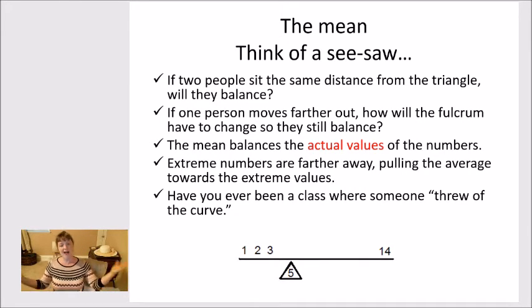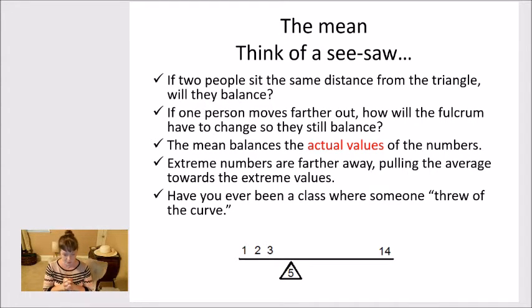And so I like to think of it as like a teeter-totter, where with really extreme scores, the average has to move towards them. It actually has to move towards them because it has to balance the actual stuff above and below it, right? Not the number of scores, but the actual values themselves have to be balanced above and below the average.